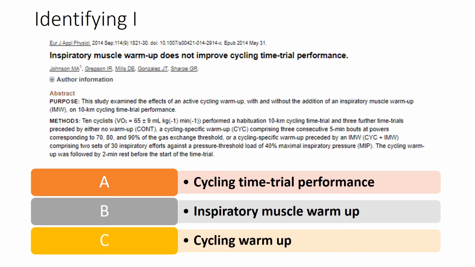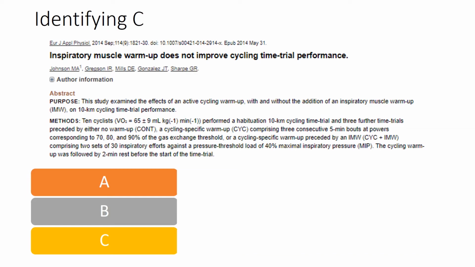So they have made people do, or asked people to do, an inspiratory muscle warm-up, and they are looking at the effect of that on something else. So the intervention is inspiratory muscle warm-up. So the next is the C, so for control and comparison. So again, what are they comparing that intervention of an inspiratory muscle warm-up against?